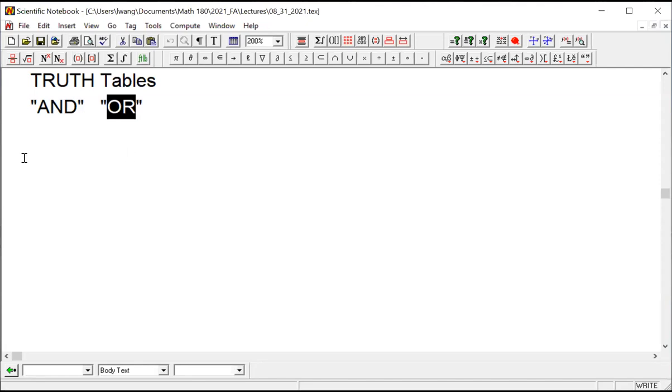For example, let me take my own example. Suppose that one of our cars is registered under my name and my husband's name.